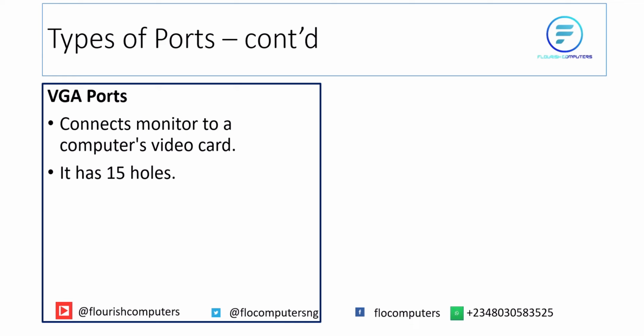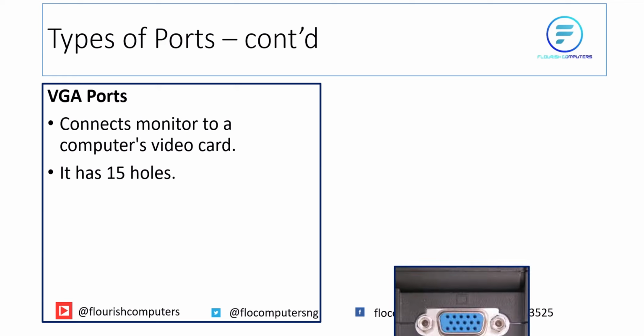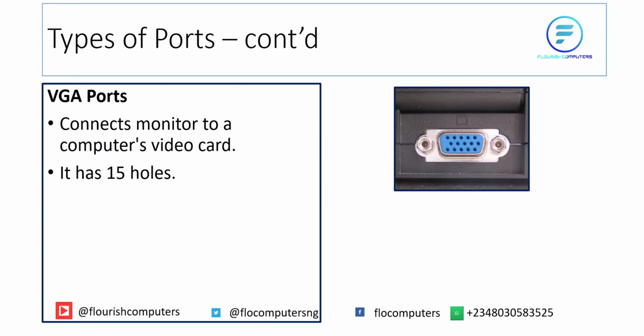It has 15 holes. Remember, not pins, it has 15 holes. This is the hole port at the back of your CPU or by the side of your laptop, if the laptop is an old model. If it is a new or recent model, you are not going to have this port. They have replaced it with HDMI.